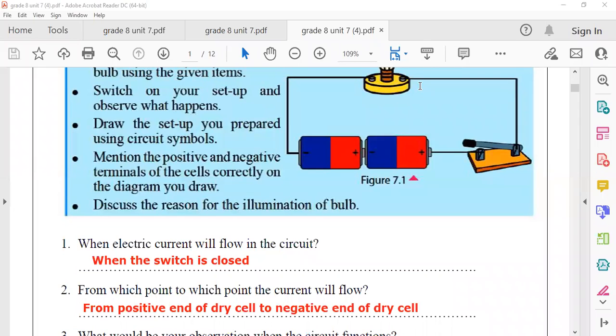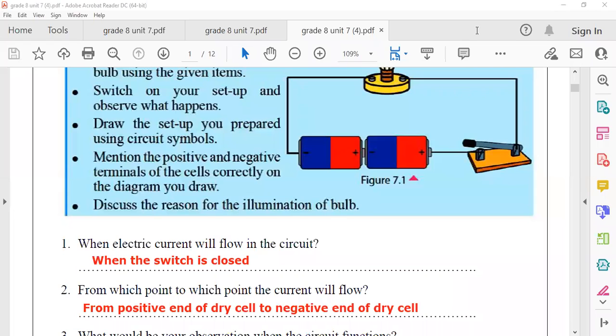Complete the answering of the second question. Have everyone completed the second question? Yes, sir.